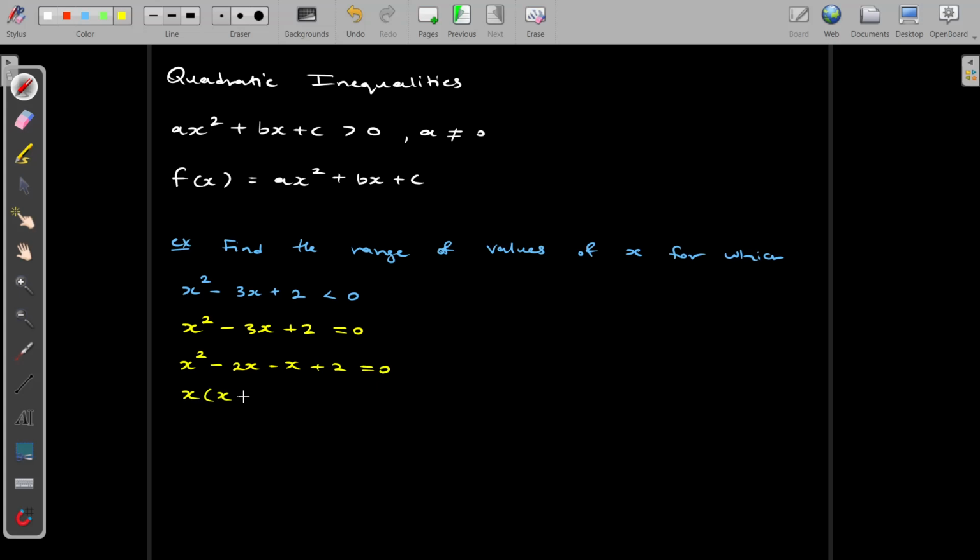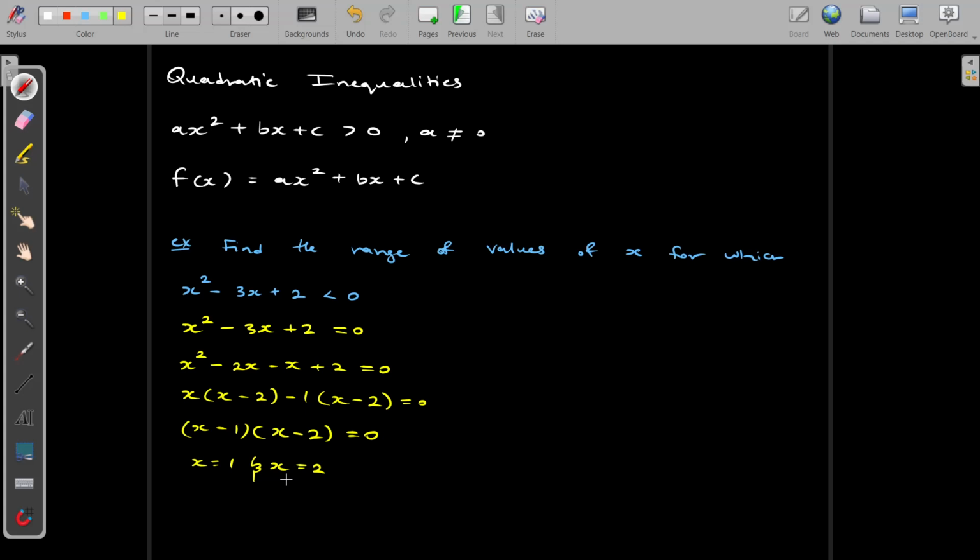Factor out x, is equal to 0. So we have x minus 1, x minus 2, x is equal to 1, x is equal to 2. So those would be the solutions.